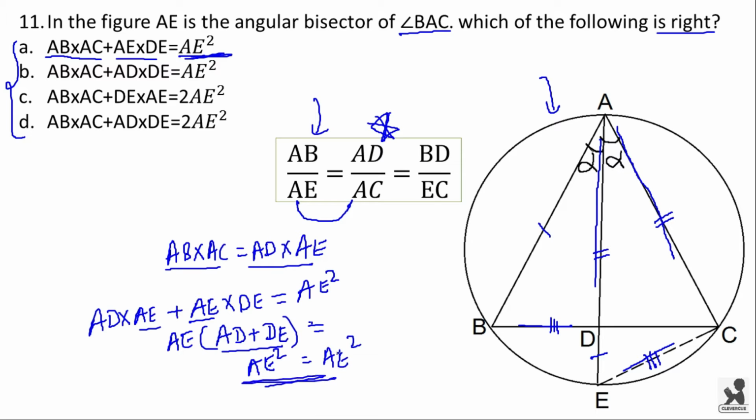So LHS, that is left hand side, and right hand side are getting satisfied. So option A is the right answer. You don't need to substitute in the other options. So this formula plays a major role in such kind of problems.